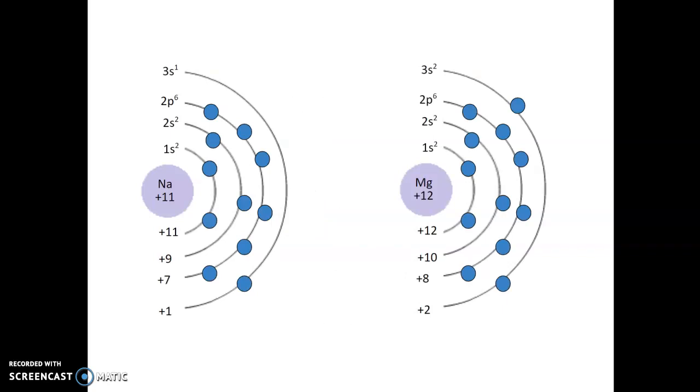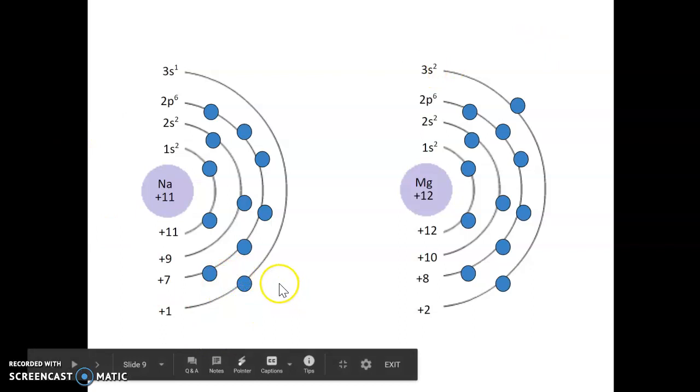So here's a picture. I've drawn our little electron friends back in just to give us another aspect of the visual. You can see this little guy sitting by himself experiencing the +1. These guys are experiencing the +2. And so you can see why it's going to be easier to take from sodium than it is to take from magnesium, because magnesium has a stronger magnet.